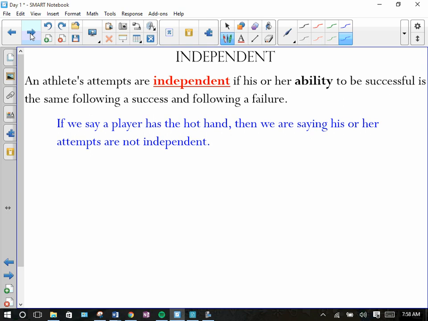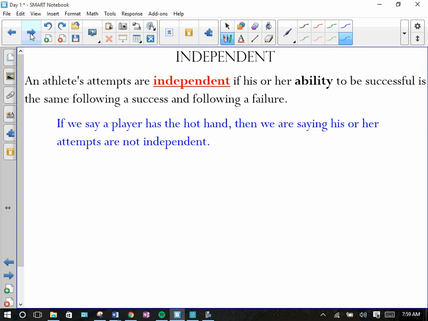An athlete's attempts are independent if his or her ability to be successful is the same following a success and following a failure. So what this is saying is, no matter what happens, I always have the same ability to be successful following a success or a failure.